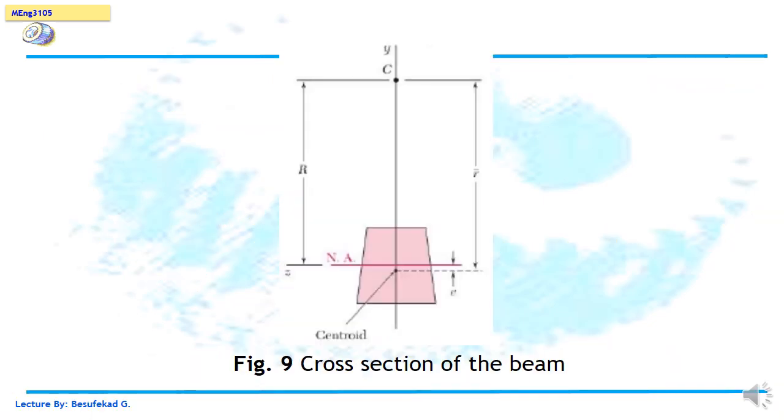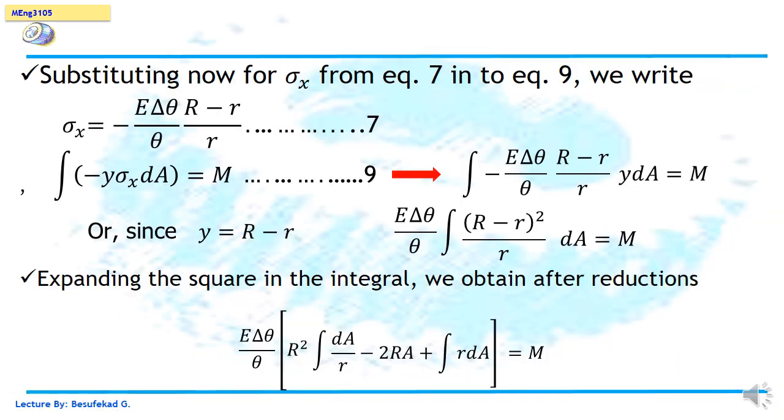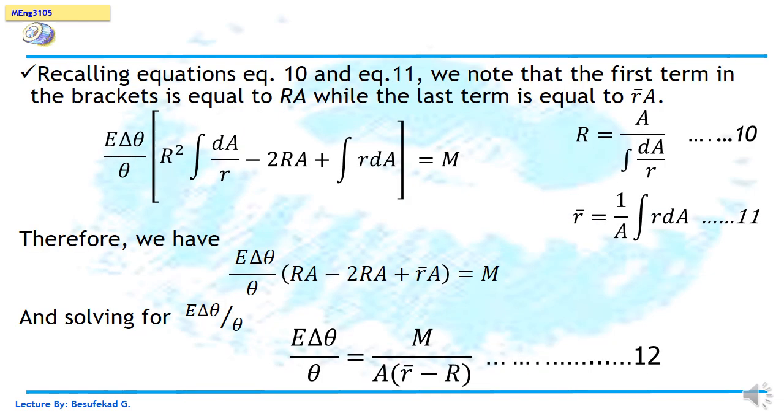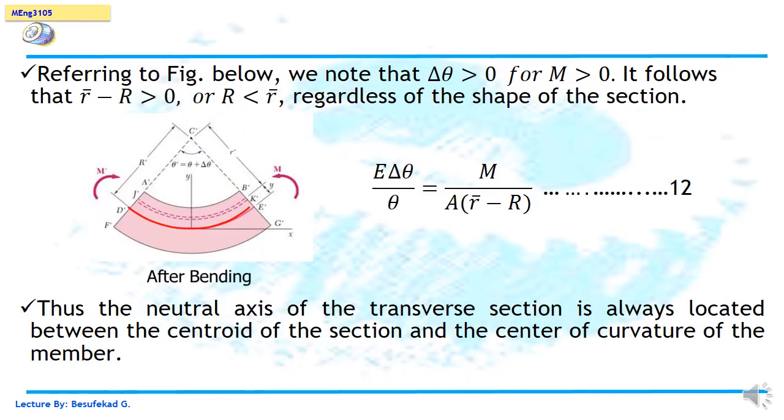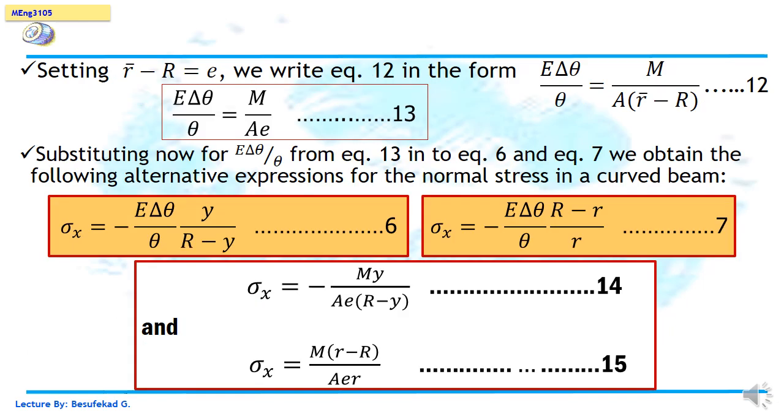Okay, this is what we have. So again, if you substitute equation 7, which is this one, into equation 9, you end up with this expression. Or since y is this one, we make some simplifications and go through all the necessary mathematical steps and end up with these stress expressions that I already told you.